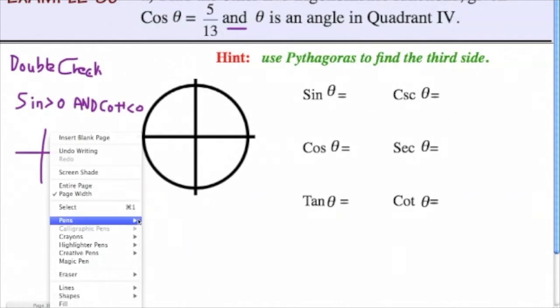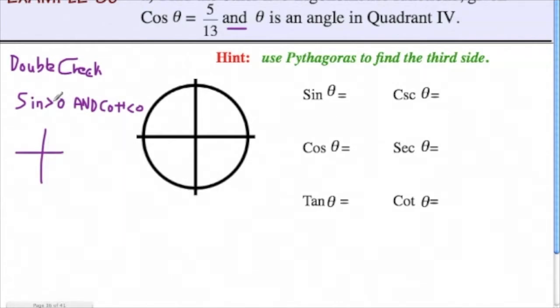Sine greater than 0 means it's going to be sine positive, right? So there, check, there, check. And then there's the word "and", cot, which is tangent, less than 0. So that means it's going to be a tan negative.